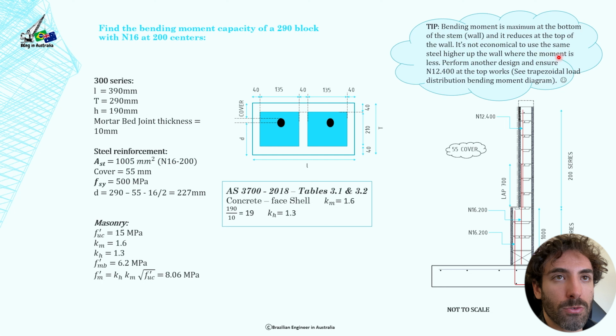So it's not economical to use the same steel higher up in the wall where the moment is less. So what we're going to do, we're going to perform another design and ensure that N12 at 400 centers at the top works. So you're going to have to see the trapezoidal load distribution bending moment diagram.